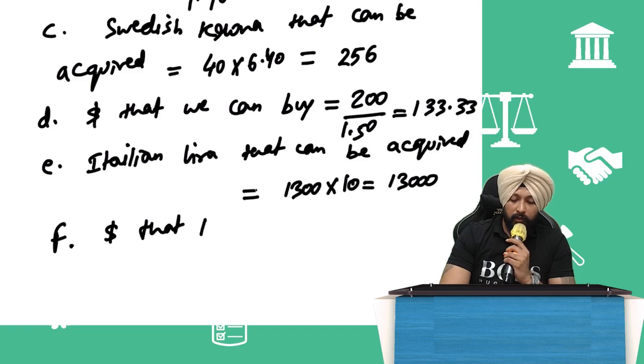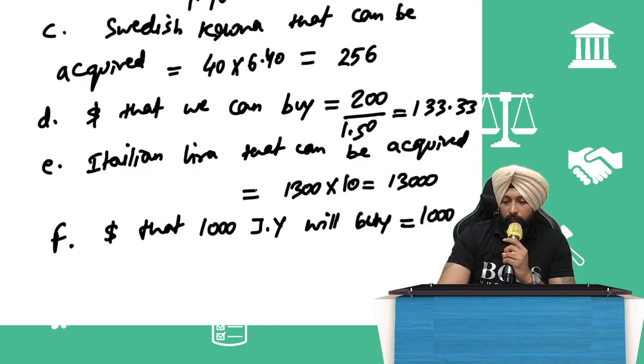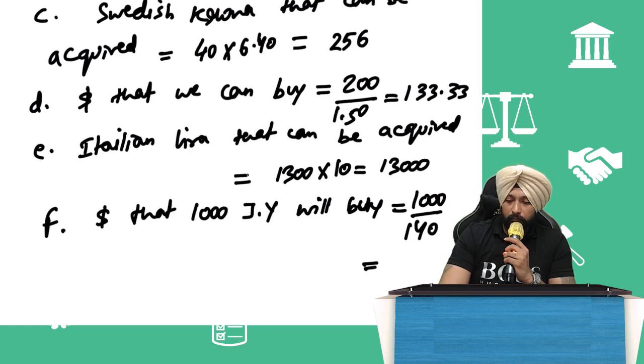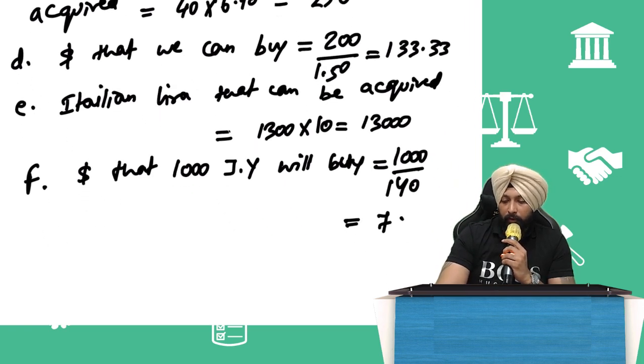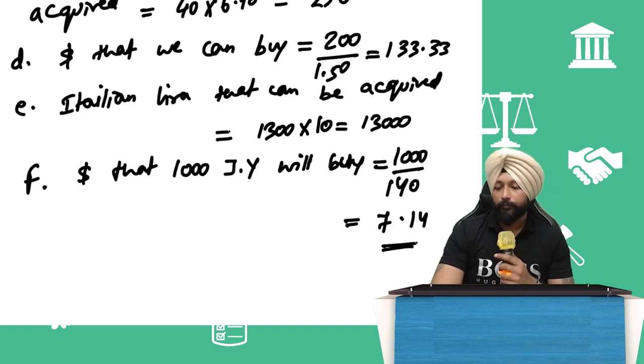Dollar that 1,000 Japanese yen will buy. $7.14.